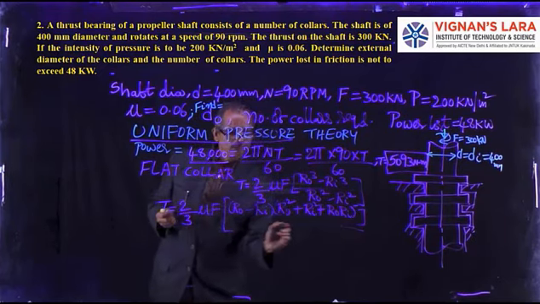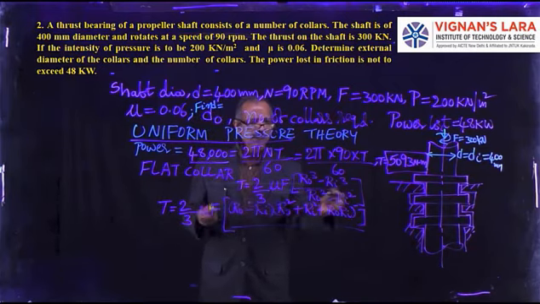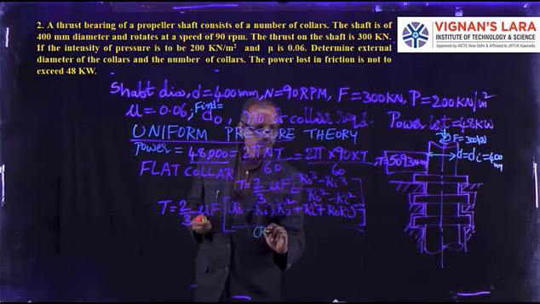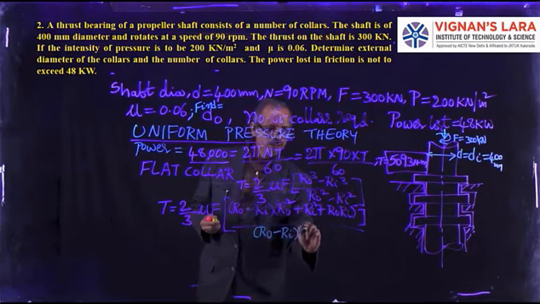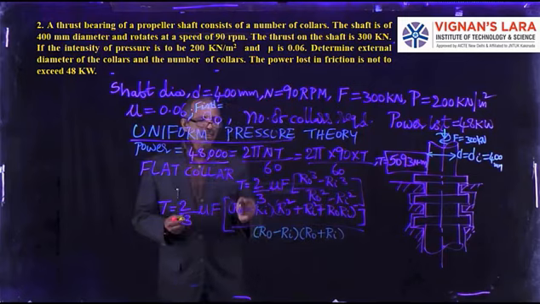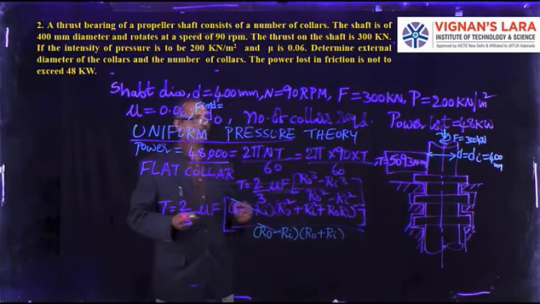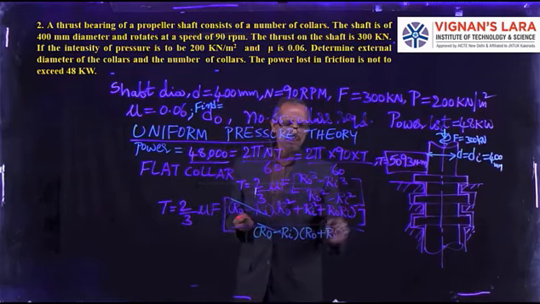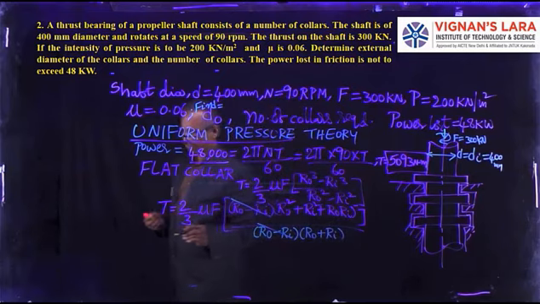Then R naught square minus Ri square can also be written as (a plus b) into (a minus b), that is (R naught minus Ri) into (R naught plus Ri). So R naught minus Ri cancels. Then what we have is (R naught square plus Ri square plus R naught Ri) by (R naught plus Ri) into 2/3 μ W.